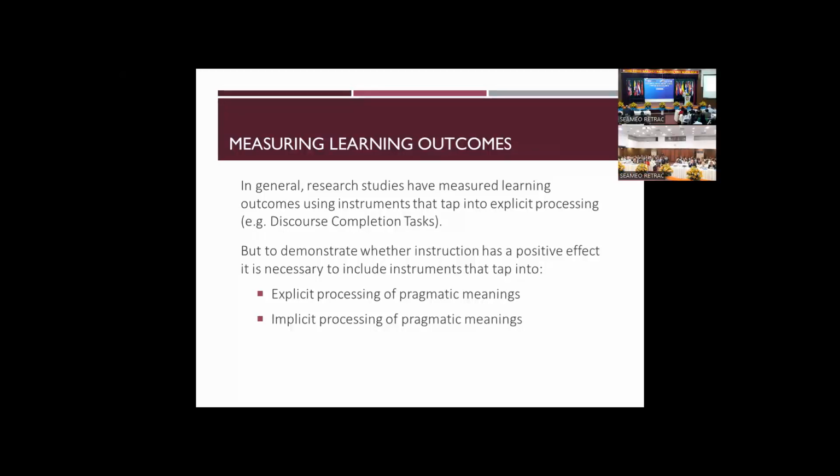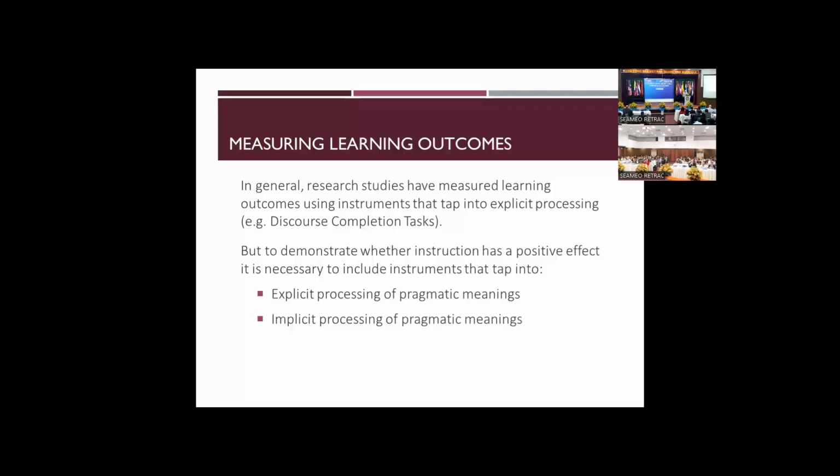Because by and large, the kinds of tests that have been used in the research to date, such as the discourse completion test, are much more likely to measure explicit processing. Explicit processing in the sense that learners will reflect and take their time in writing down what they want to say. So it's not spontaneous, it's not automatic.